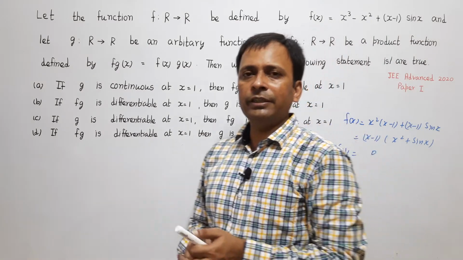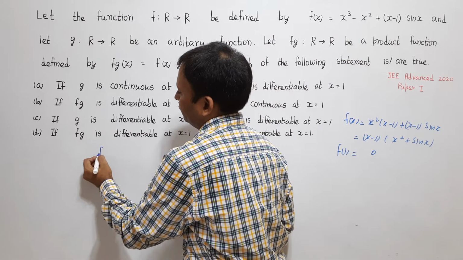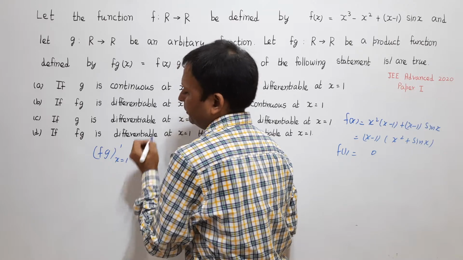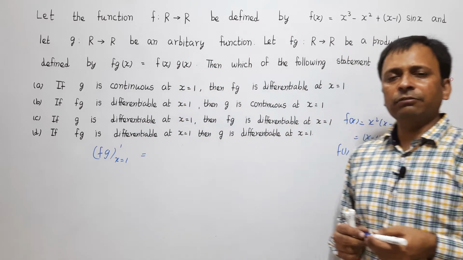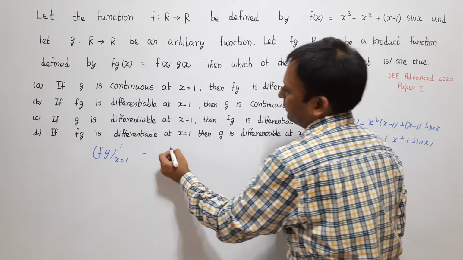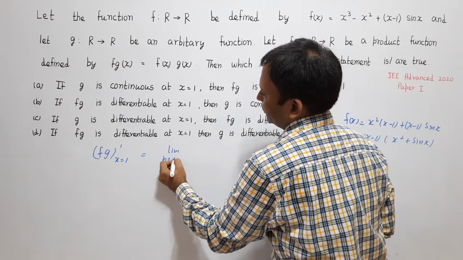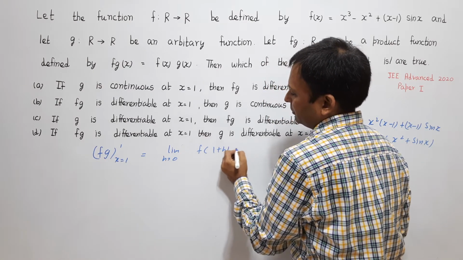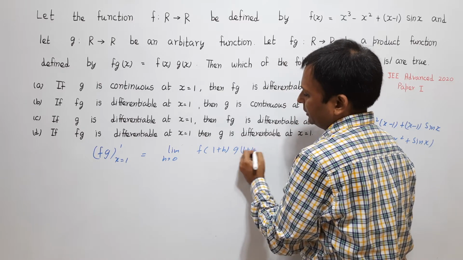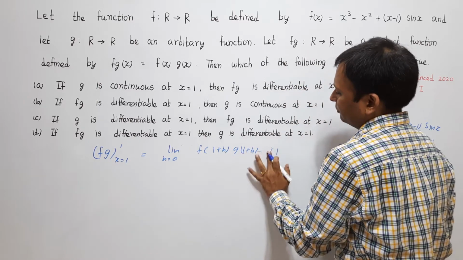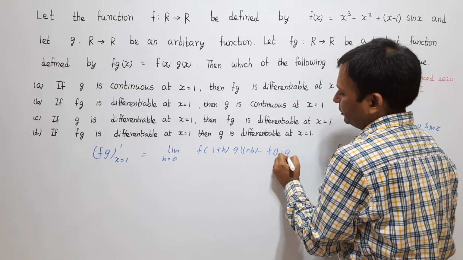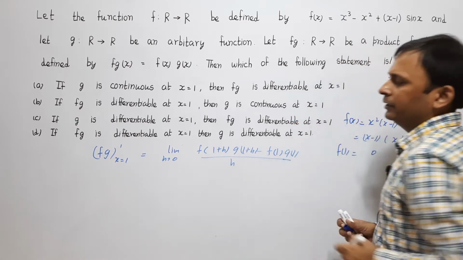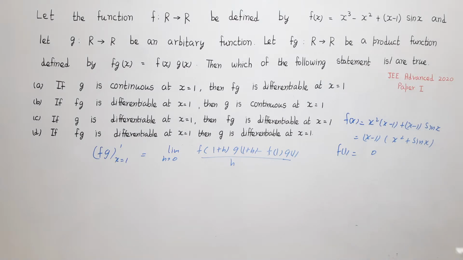So if I find the derivative of the function f into g at x equal to 1 from the first principle, I get limit h tending to 0, f of 1 plus h multiplied by g of 1 plus h minus f of 1 into g of 1, divided by h. So this is our derivative at x equal to 1.